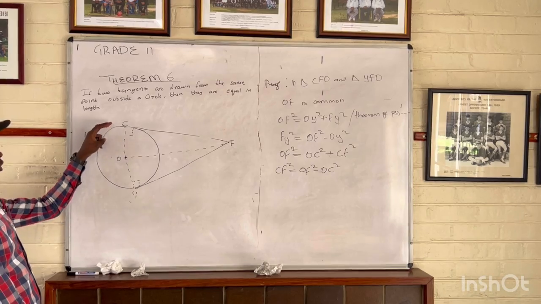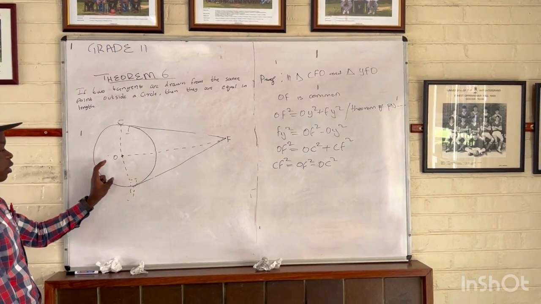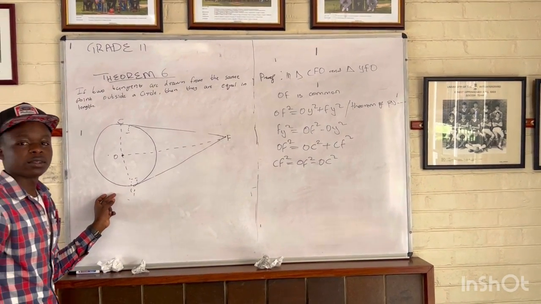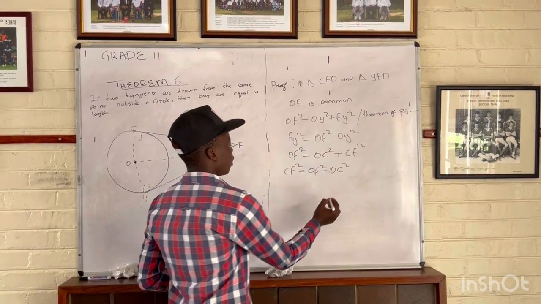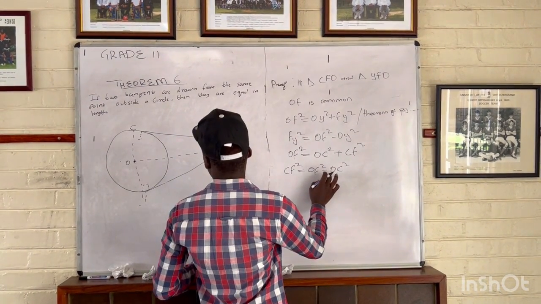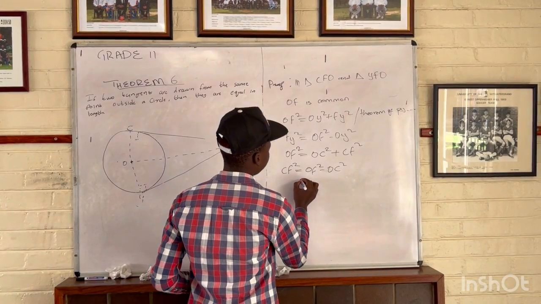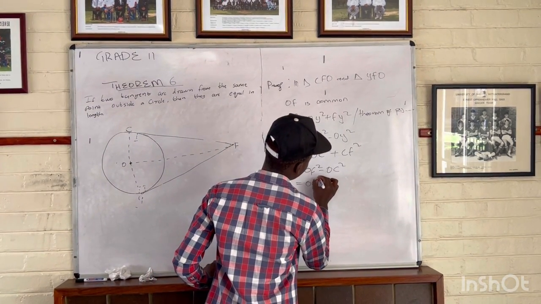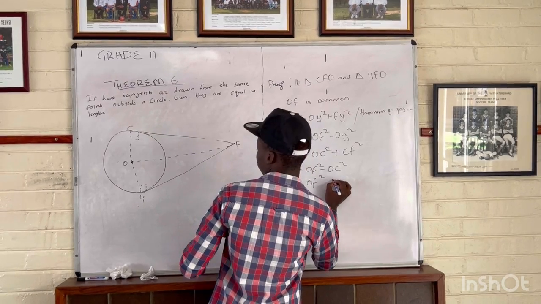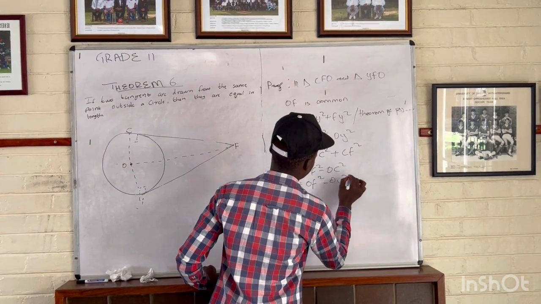As we know, CO equals OY, they are radii. It means here we're going to change our OC to be equal to OY from the radii. It's going to be OF squared minus OY squared.